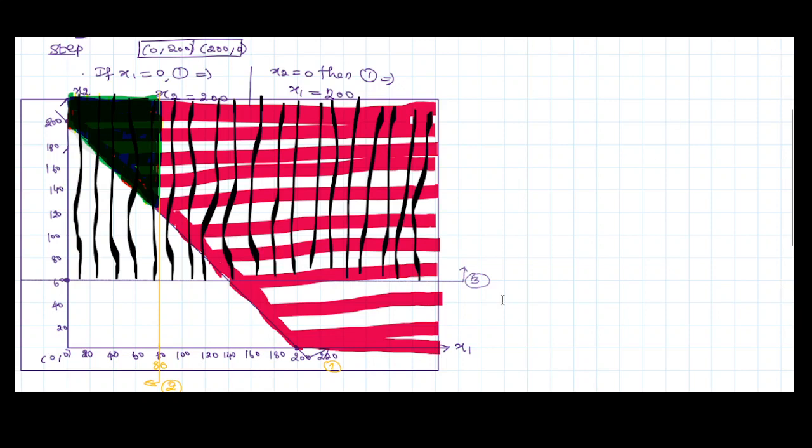Here is a point A, and here is a point B. We don't know A, but we know the point B, which is 0 comma 200.